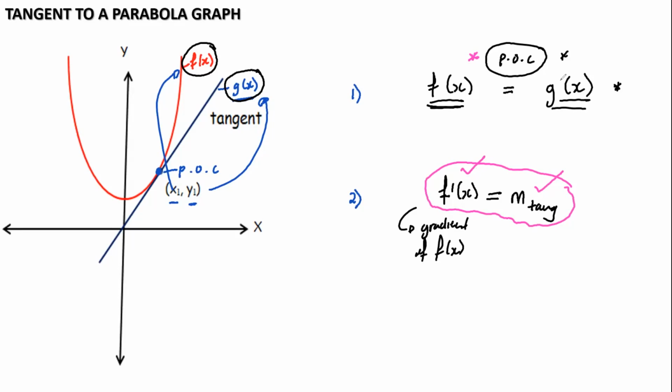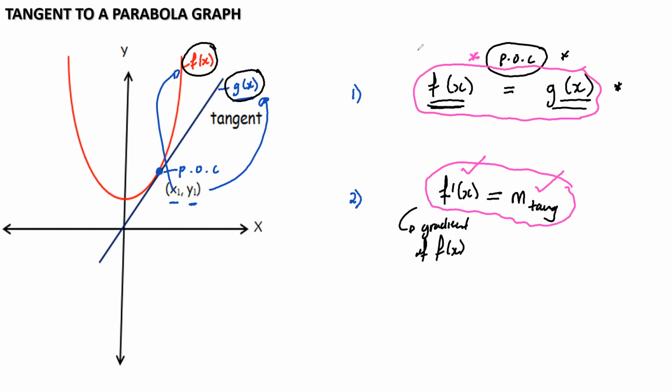Number one, at the point of contact, what do I know? That point of contact is available on f of x and g of x, making f of x equal to g of x at the point of contact. Number two, what else do I know? I know that the gradient of the parabola and the gradient of the tangent are equal only at the point of contact.